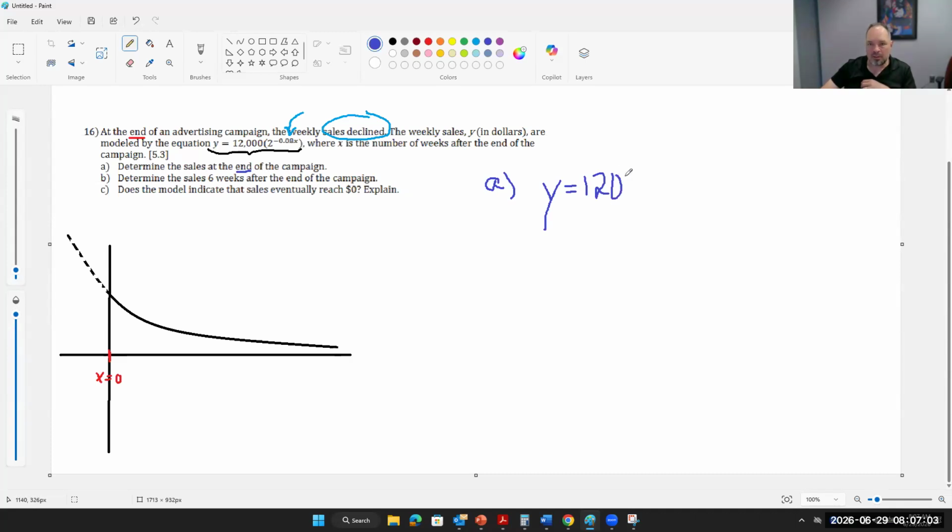Sales continue to decline after the end of the advertising campaign, but when they say the end of the advertising campaign, we're going to plug in a 0. Let me make the 0 this color over here.